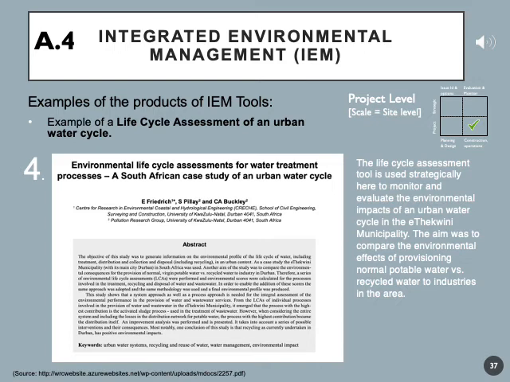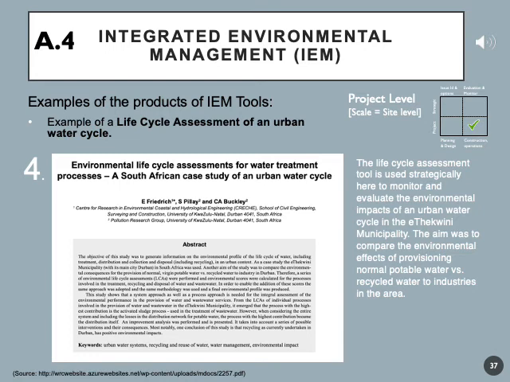So it's already established phase. It's an operational service that is now evaluated to see what are the environmental effects of either provisioning normal potable water versus recycled water to industries. And very interestingly, this article shows that recycled water has a far lesser environmental impact than provisioning normal potable water to these industries.